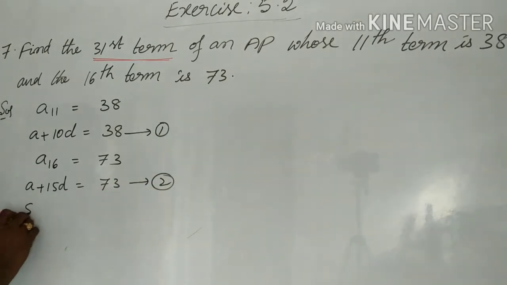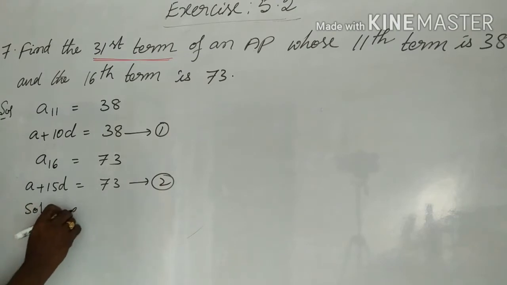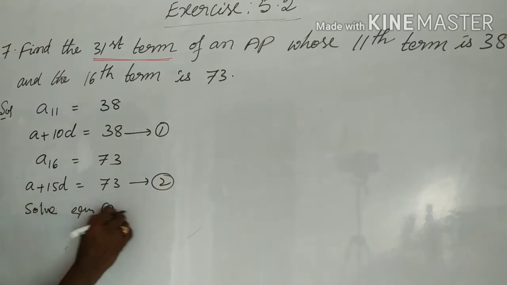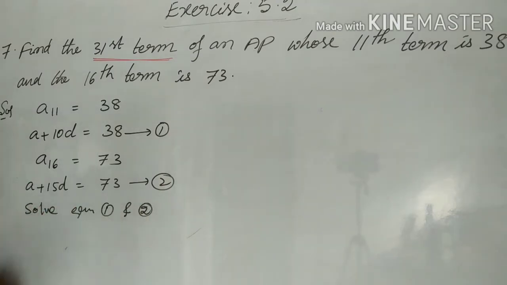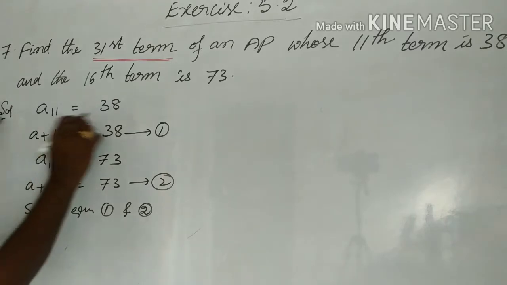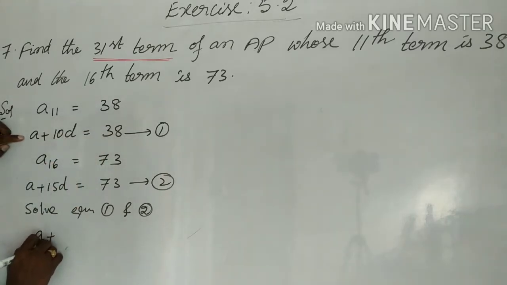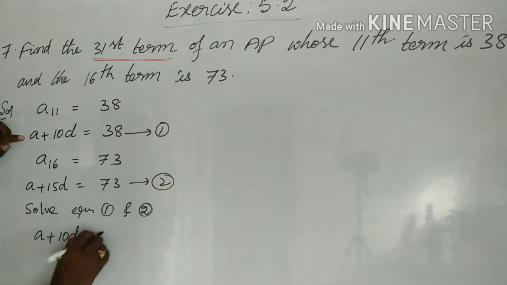Now solve equations 1 and 2. A plus 10D is equal to 38, and A plus 15D is equal to 73.